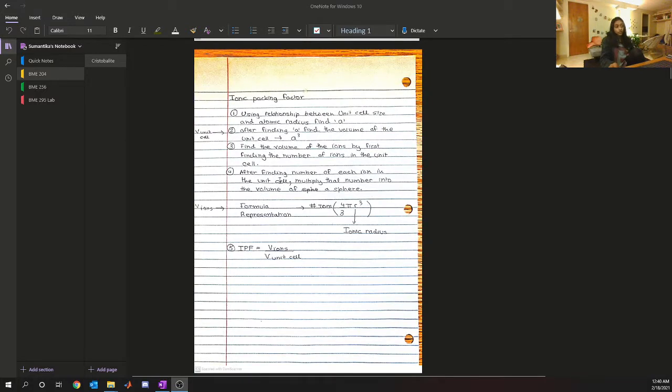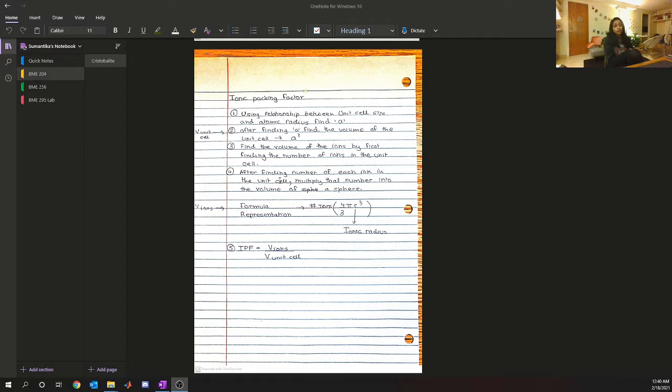Questions 1 and 2 ask us to find the ionic packing factor. We all have answer keys, and we're not here to just look over the answers, so I came up with how we would conceptually get to the answer. First, using the relationship between unit cell size and atomic radius, you find A, the edge length of the unit cell.